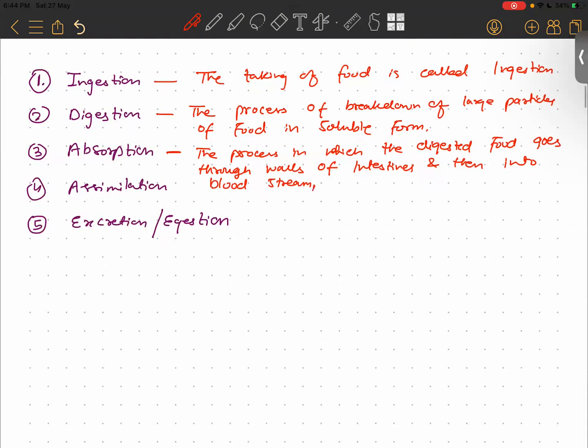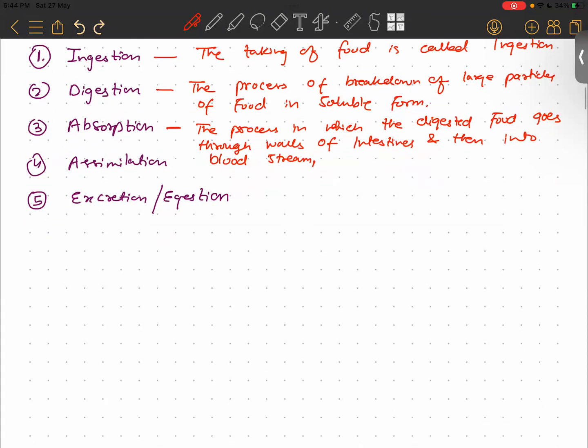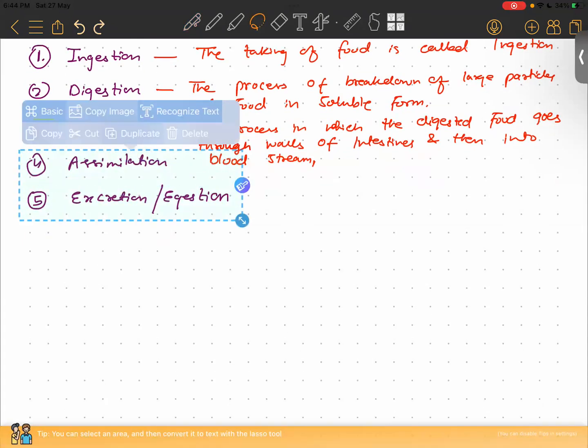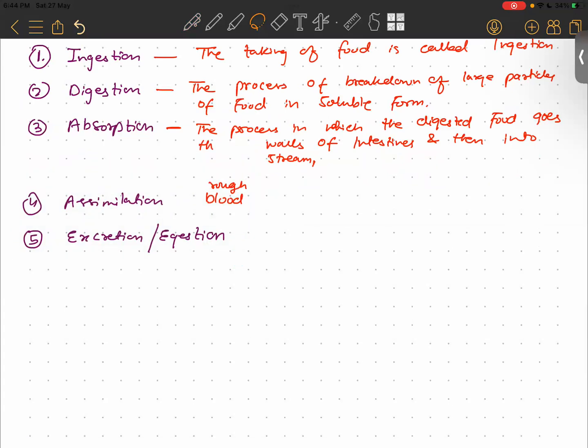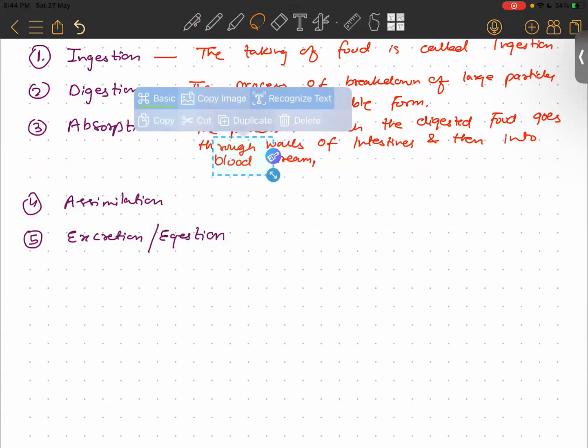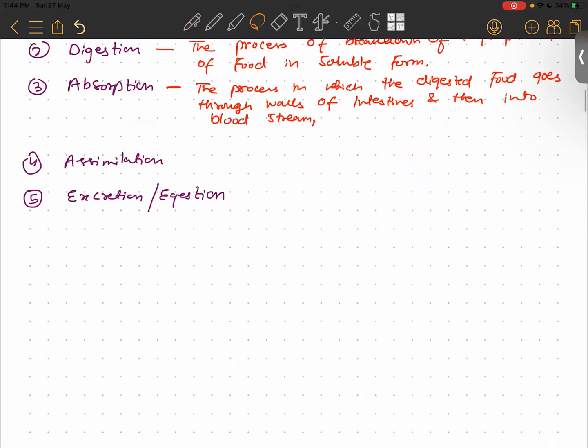Now, what about assimilation? What will be happening in this one? It is the step in which the absorbed food is taken up by the cells, and the cells use that absorbed food for energy, for growth, and for repair work.